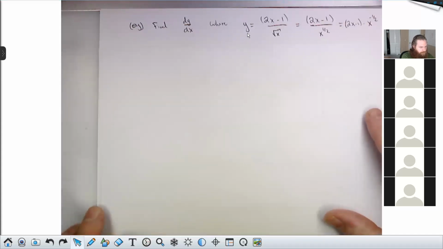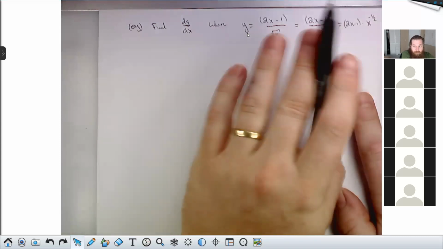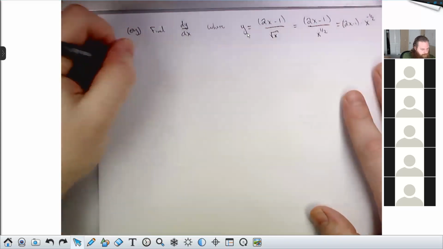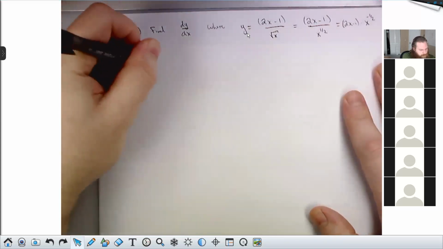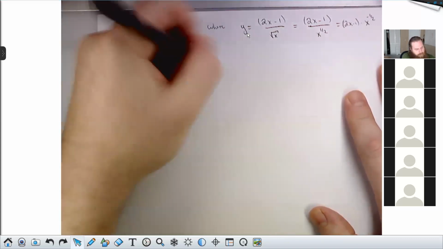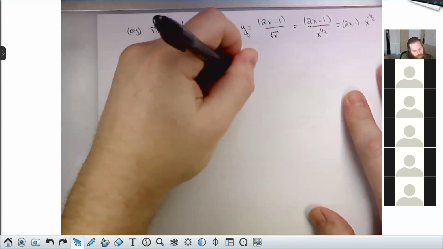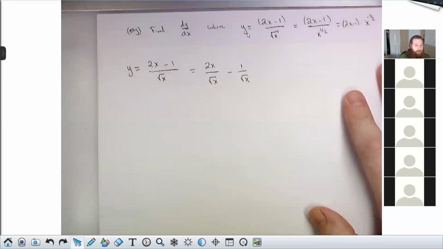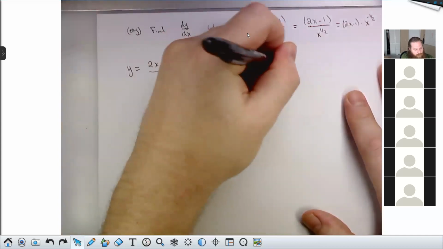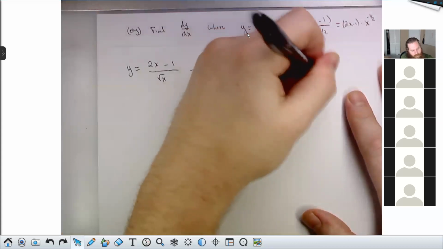Let's come back here. There is another way I can rewrite this algebraically. We could use the product rule. Product rule also going to be kind of nasty. But 2x minus 1 over the square root of x, that's the same as 2x over the square root of x minus 1 over the square root of x. x to the 1, so this is 2x to the 1 over x to the 1/2 minus 1 over x to the 1/2.